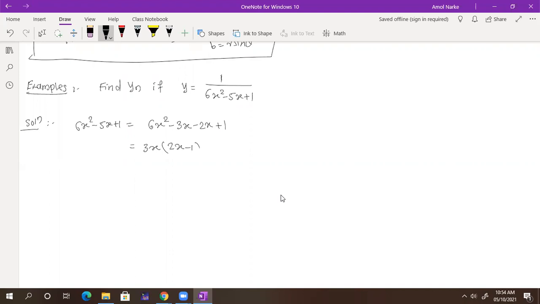I can take minus 1 common out. So what I'm getting here? So the factors will be 1 by 2 and 1 by 3.